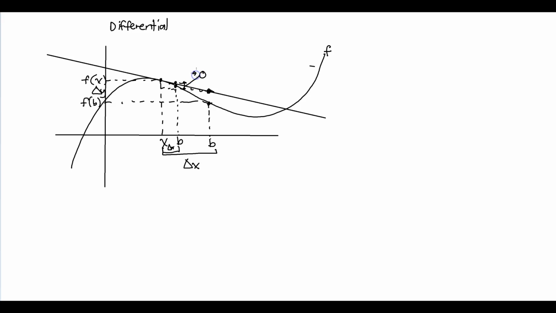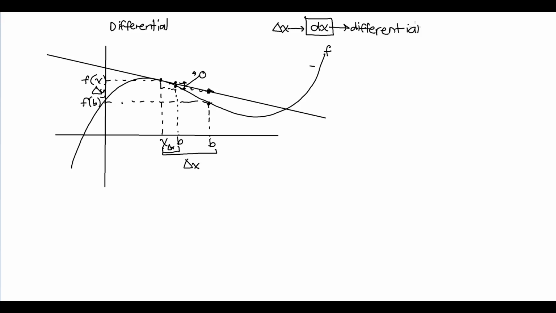So as delta x becomes smaller and smaller, it reaches an almost infinitely small size. And that's what we call the differential of x. It's a notation. So differentials are infinitely small quantities. Okay, it's an infinitely small change. It's like delta x, but super duper small.